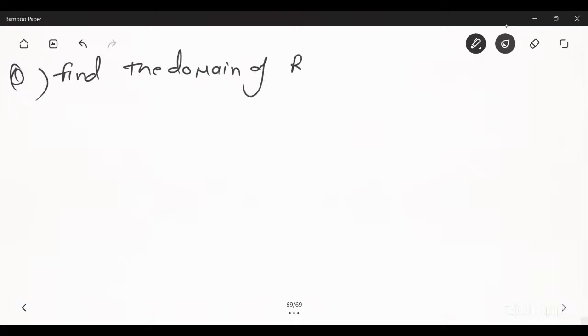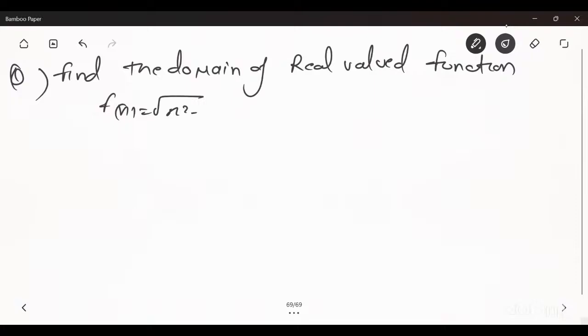Now come to the next question. Find the domain of the real valued function f of x is equal to under root x square minus 25.